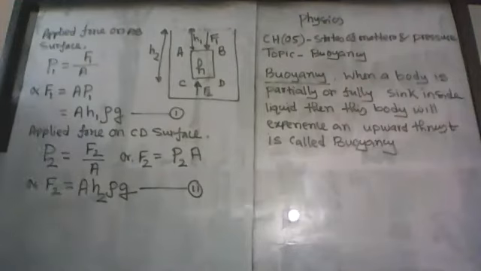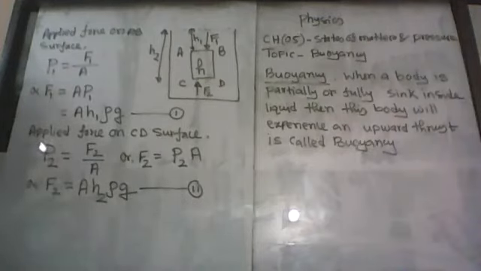You see that F1 is applied in the downward direction, and F2 is applied in the upward direction. Because of the application of these two forces, this body ABCD can feel a resultant upward force, because F2 is greater than F1.